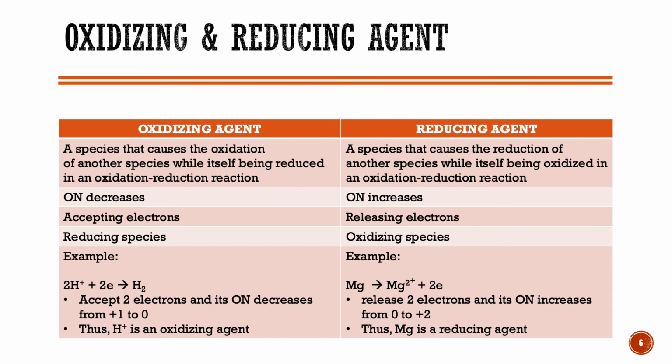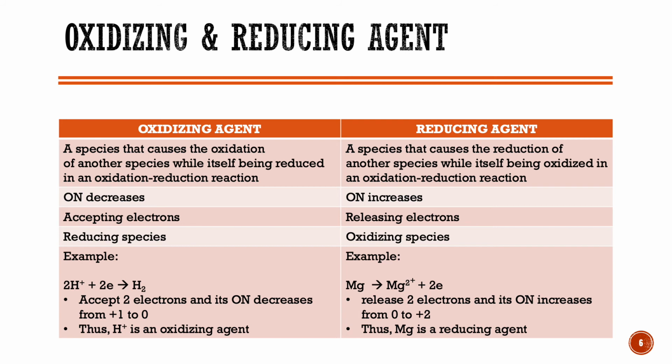Basically, in a reduction process, the substance that is being reduced is an oxidizing agent, while in an oxidation process, the substance that is being oxidized is called the reducing agent.